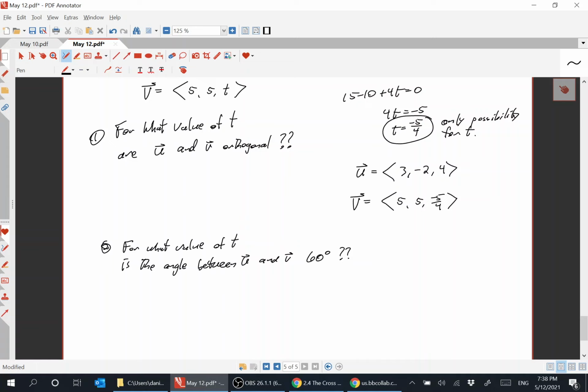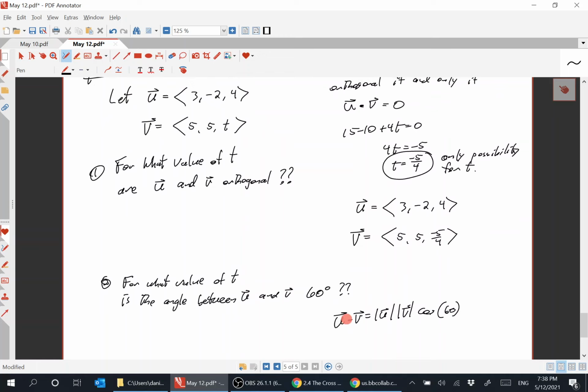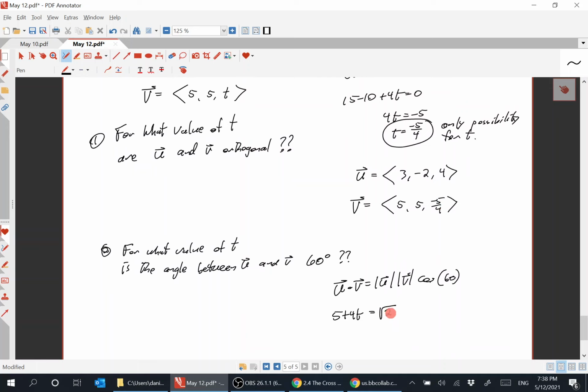We set it equal to the length of u and v times cosine theta, but instead of theta it'd be 60. So u dot v is length u, length v, cosine of 60, which is just a half. So 5 plus 4t is equal to the square root of 29, since the length of u is 9 plus 16 is 25 plus 4, times the square root of 50 plus t squared, times a half, so over 2.